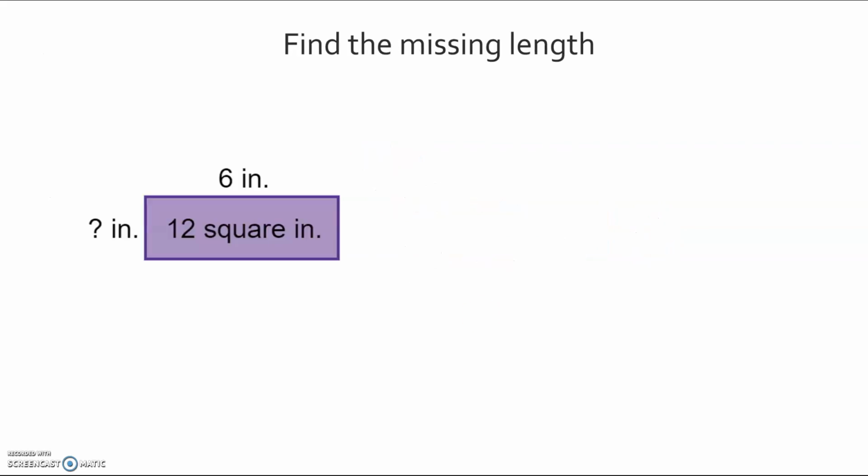Okay, let's try another one. For this one, we're trying to find the missing length. They've given us the area, which is 12 square inches, and now we are missing the length of this shape. So in order for us to find the missing part, we can do two things.